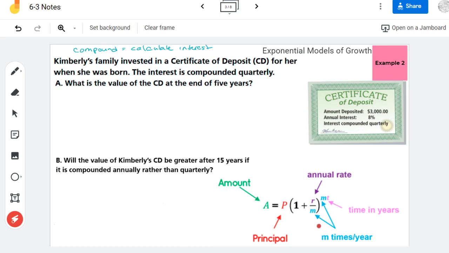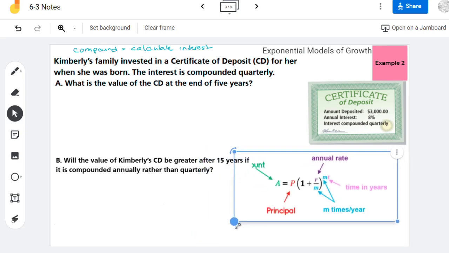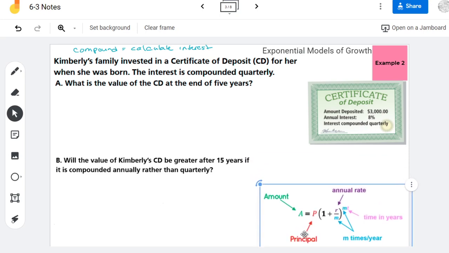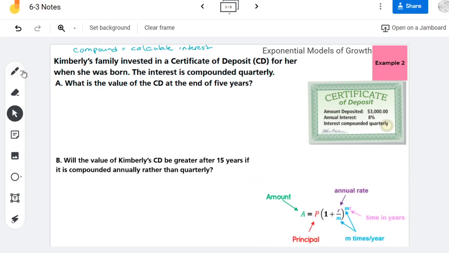Because if it's quarterly, it's happening 4 times a year. If it's semi-annually, it's happening twice a year. Okay, so there is kind of a new formula. And to help prevent you from getting confused, this formula is named the compounding formula, or the compounding interest formula.